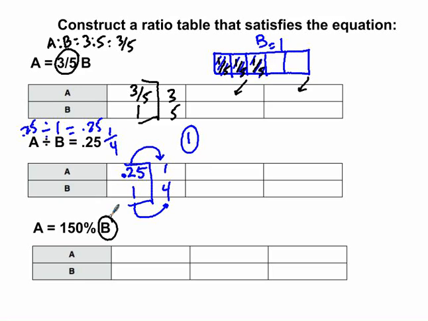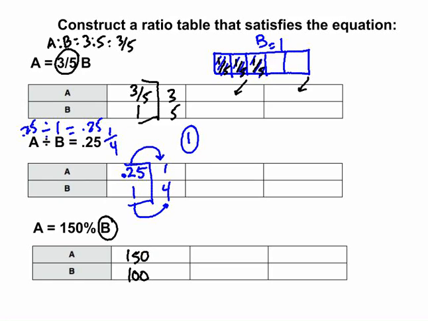So a simple way to get this is thinking if B is 100, and we're thinking like 100 centimeters, because percent is per 100, A would be 150 of that 100. That's what it means. Use your understanding of percents. Percents are per 100, so it's 150 per 100.